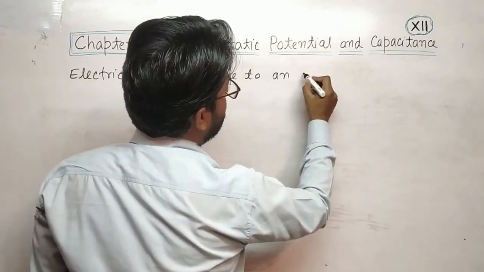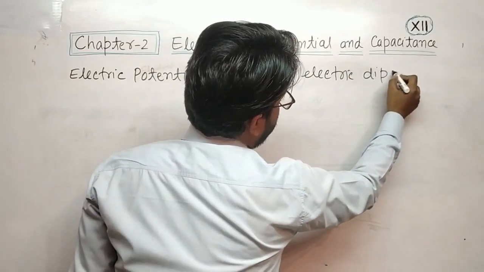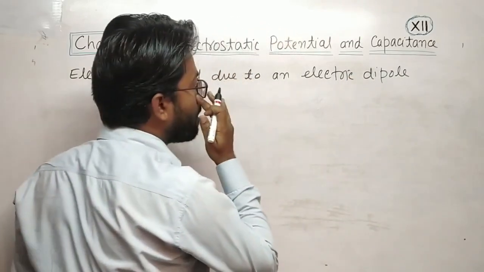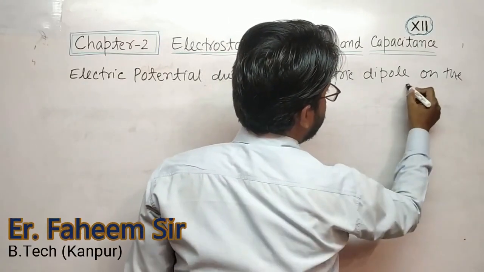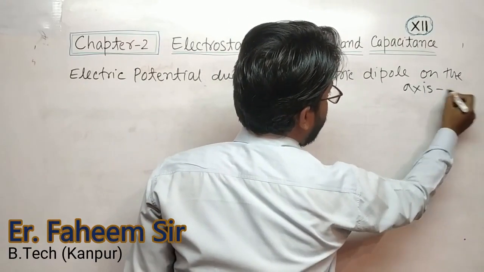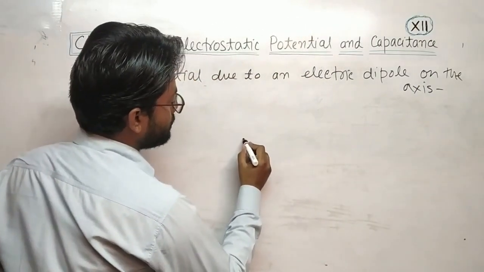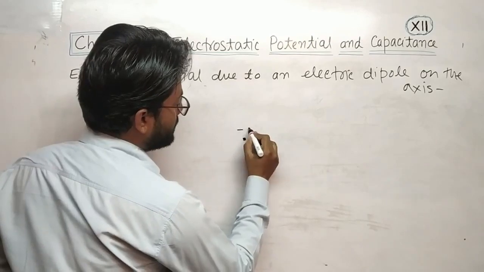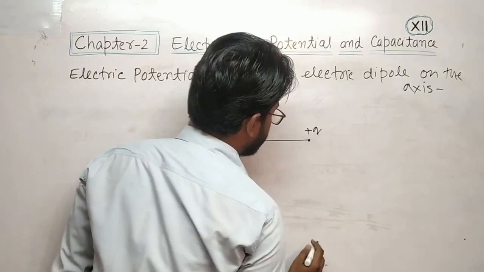an electric dipole on the axis. Let us suppose this is minus charge and this is plus charge.